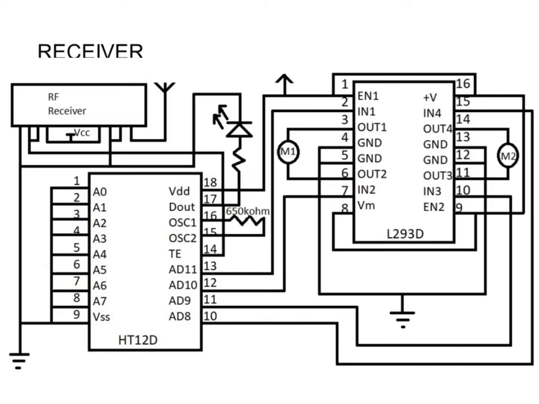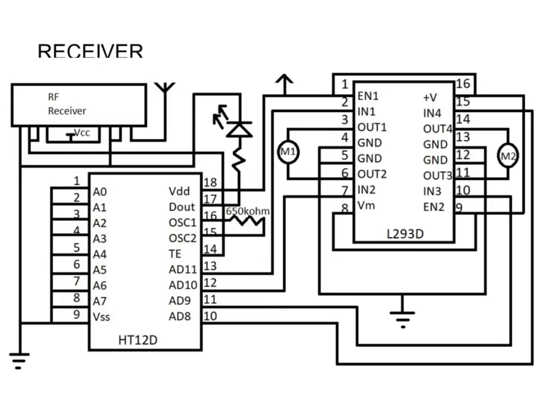Now if we want to give a command to our robot to move forward, then all the input pins of L293D will be active high, which also means that pin numbers 10, 11, 12 and 13 of HT12D will be active high.